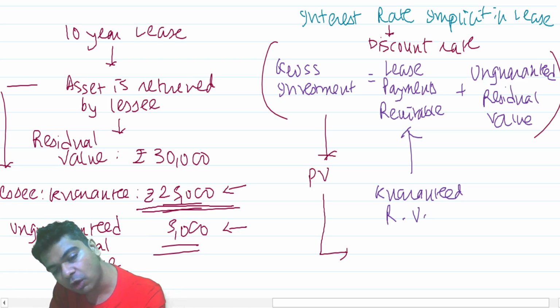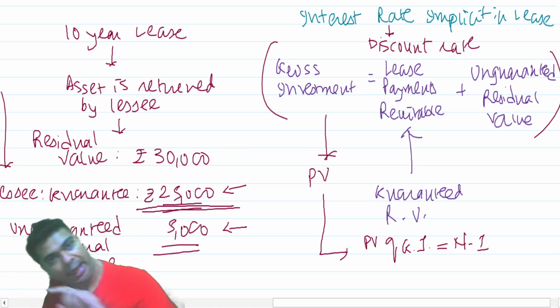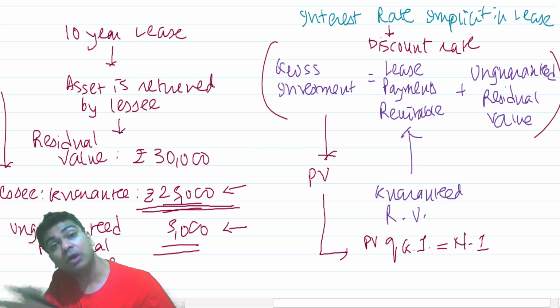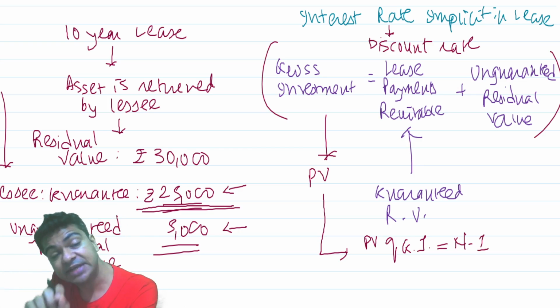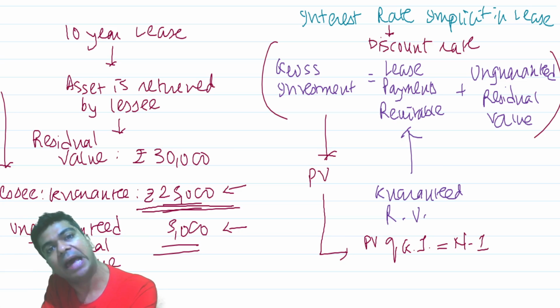Present value of gross investment. Okay. Present value of gross investment is net investment. And this net investment is what will ultimately be recognized in the balance sheet of the lessor.